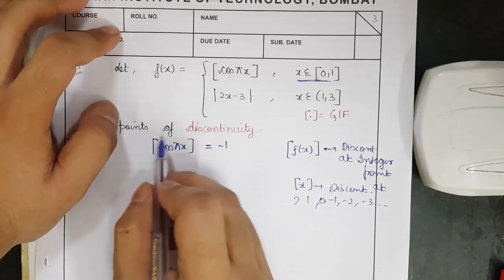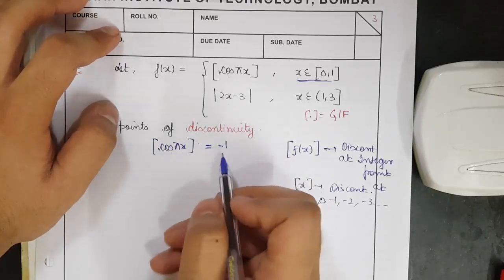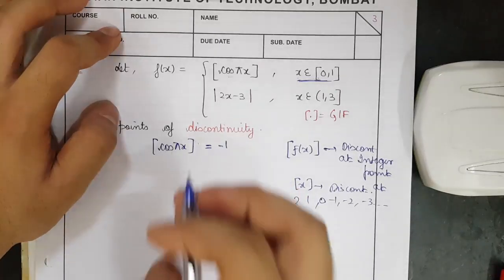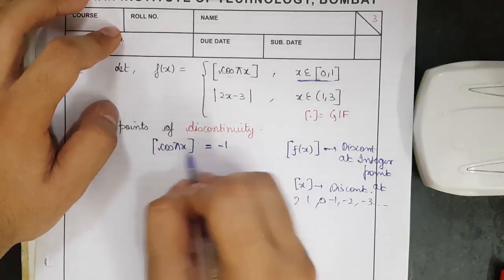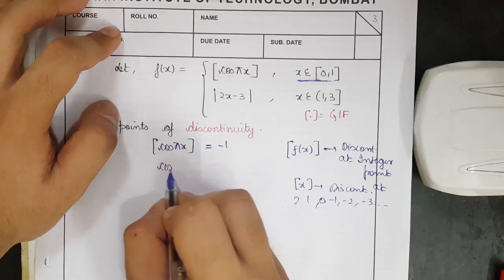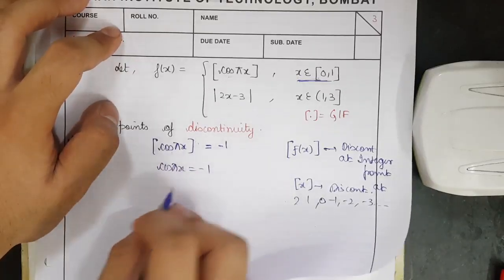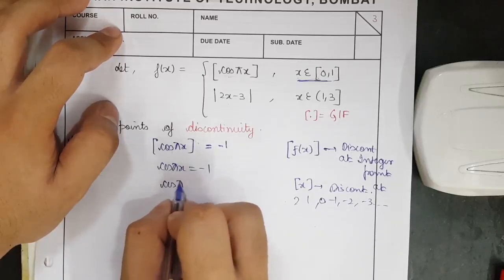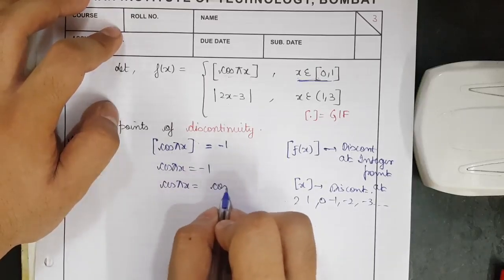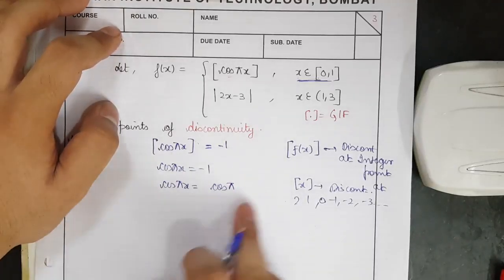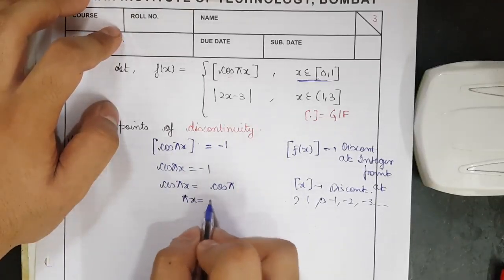So if the greatest integer of cos pi x is equal to -1, it implies that what we have inside, cos pi x, will be equal to -1. So cos of pi x will be equal to cos of pi, because cos pi is equal to -1. So from here pi x will be equal to pi.